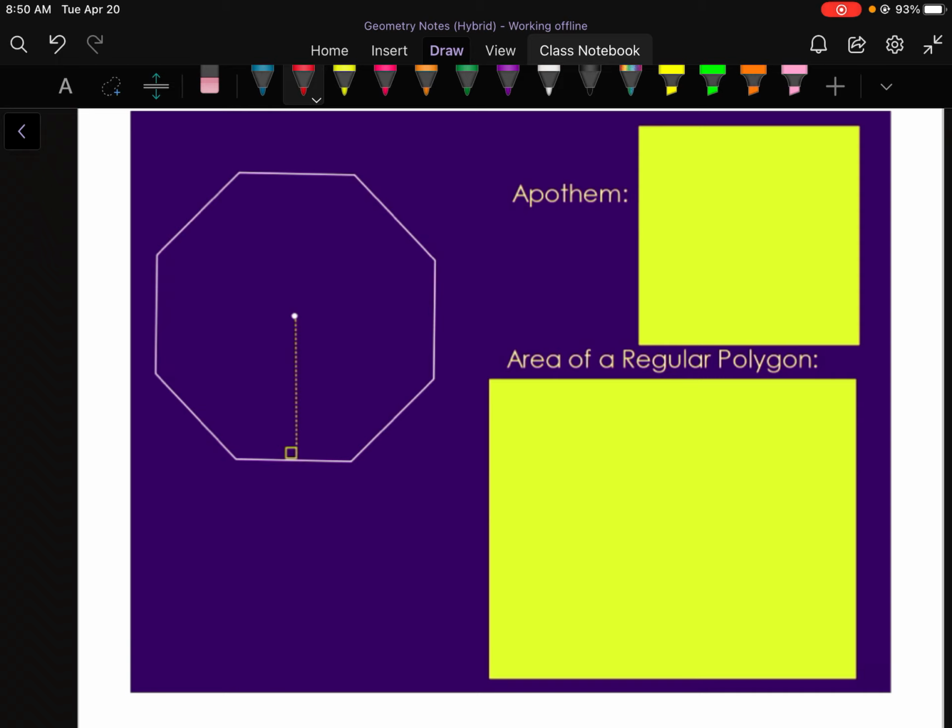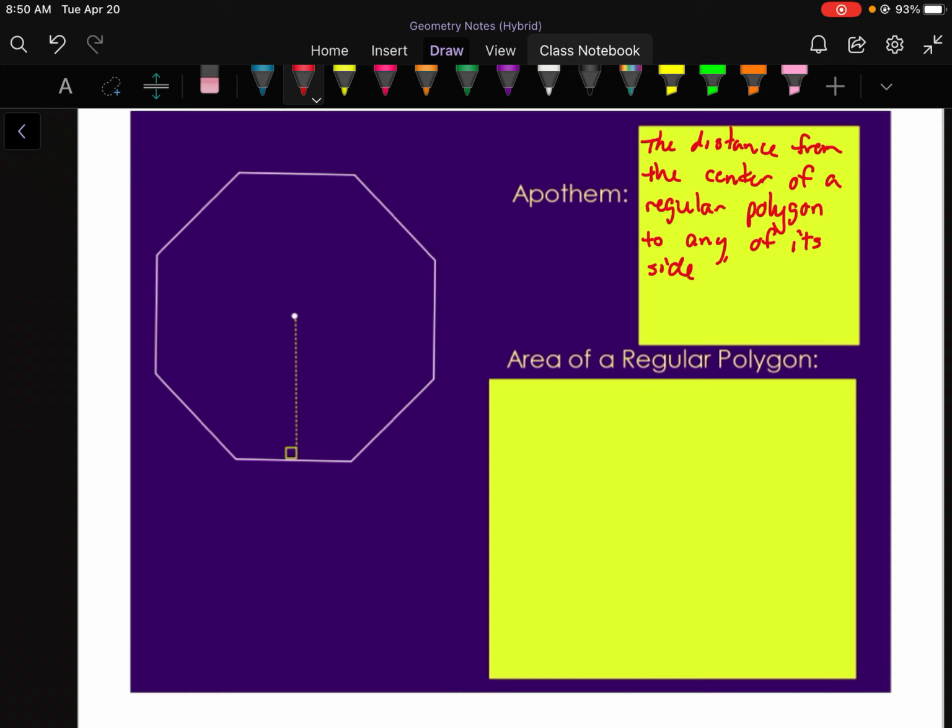We call an apothem the distance from the center of a regular polygon to any, you usually see it to the bottom, but to any of its sides.